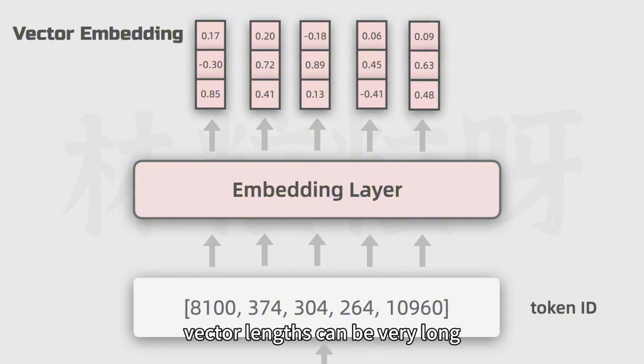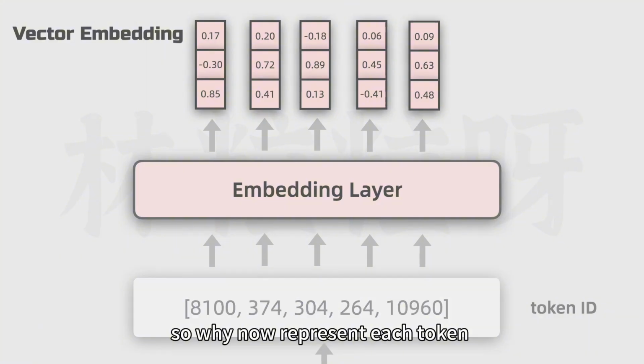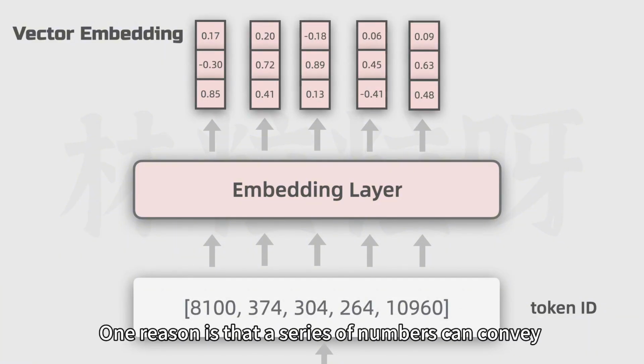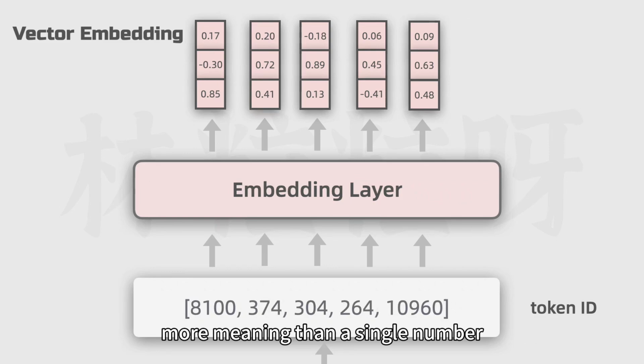But in reality, vector length can be very long. A question arises. We already represented each token with a single integer earlier, so why now represent each token with a series of numbers? One reason is that a series of numbers can convey more meaning than a single number, containing more grammatical, semantic, and other information.